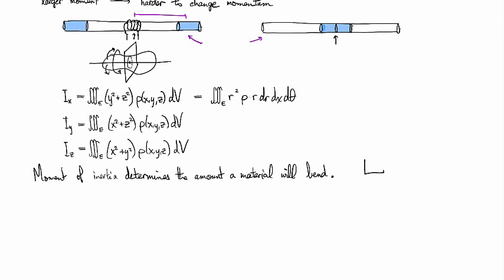Well, it turns out that instead of taking something that has a solid cross-section like this, you're going to be much better off taking something that has a hollow cross-section like maybe this, so that the mass is spread out at a further distance from the middle.